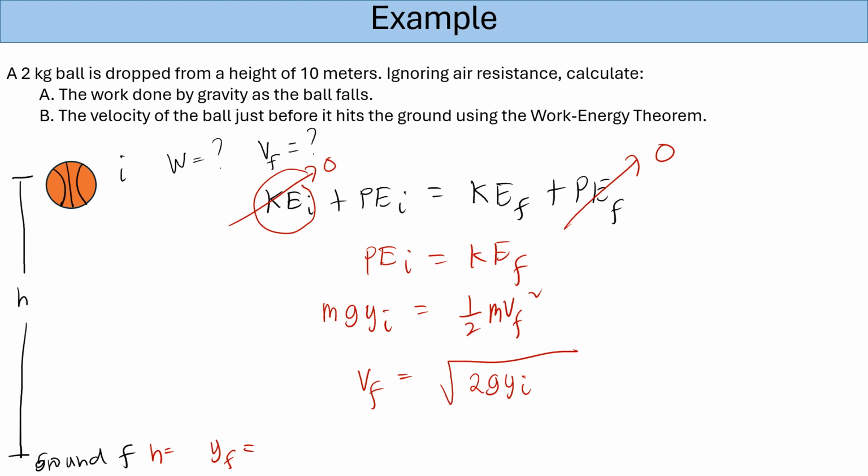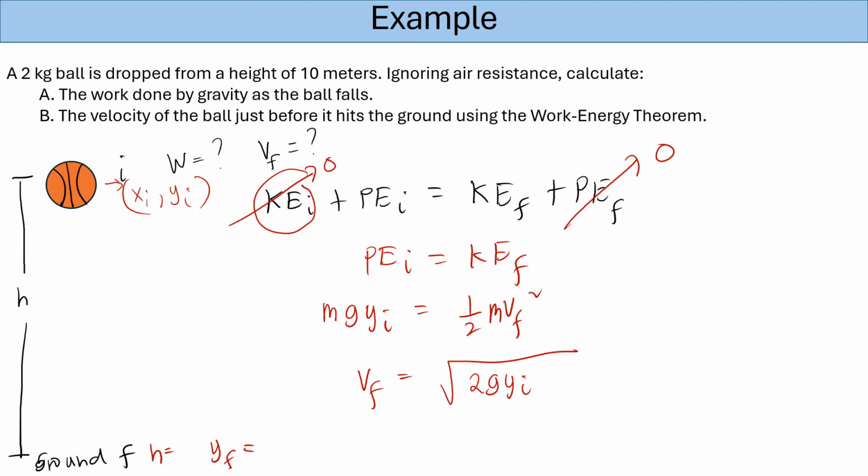You might have a confusion of, is my yi 0, is my yi 10? From what I have derived earlier, that is for my derivation purposes only.